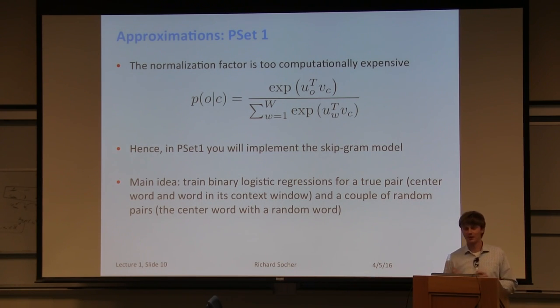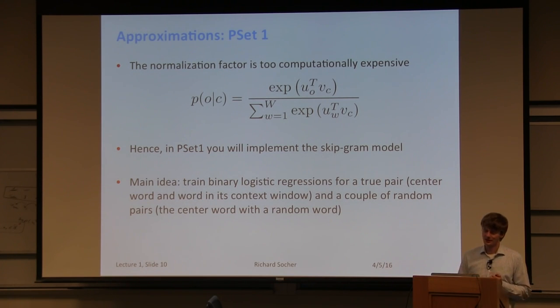All right, now in problem set 1, as I alluded to in the last lecture, you will realize that this normalization factor here is much too computationally expensive to actually compute for every word pair of inside and outside vectors. And so instead, we will actually implement the skipgram model, which is the most popular model in the word-to-vec family.